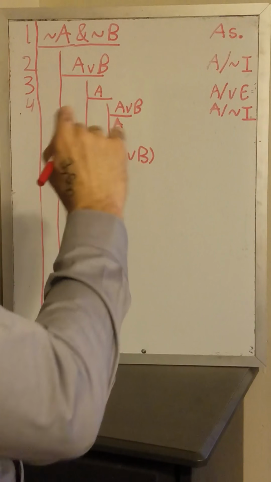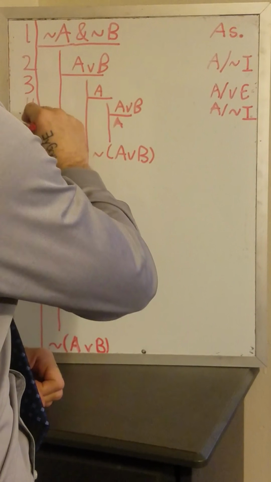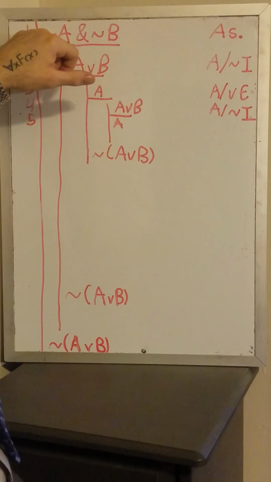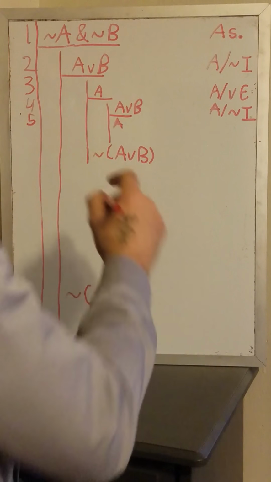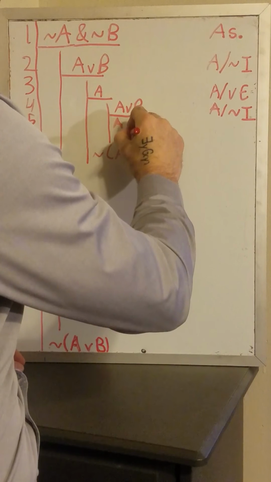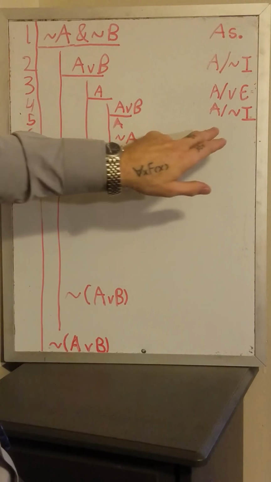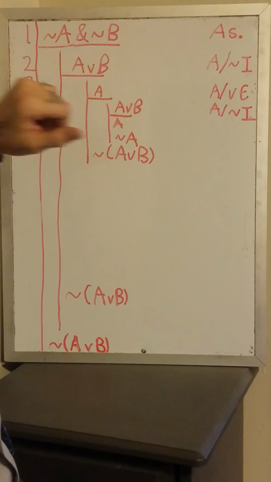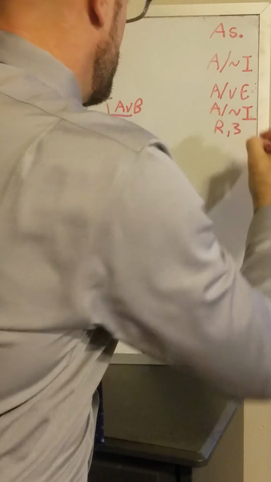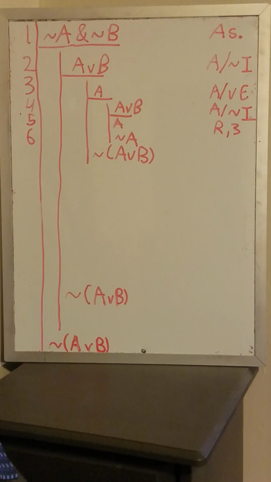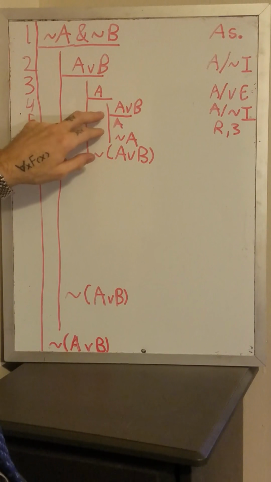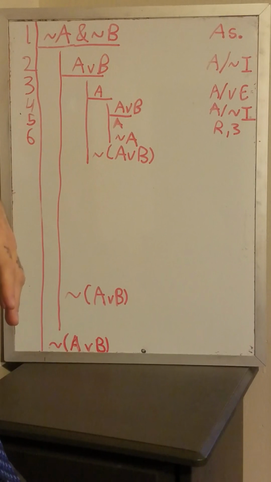Sorry, my line numbers are getting a little bit larger than my lines are. So line 5 is A, and we're going to bring down this not A from line 1 to get a contradiction between lines 5 and 6. So line 5 is reiteration from line 3. And the reason the reiteration rule exists is just to get your contradictions together, to show the two things that contradict one another side by side.